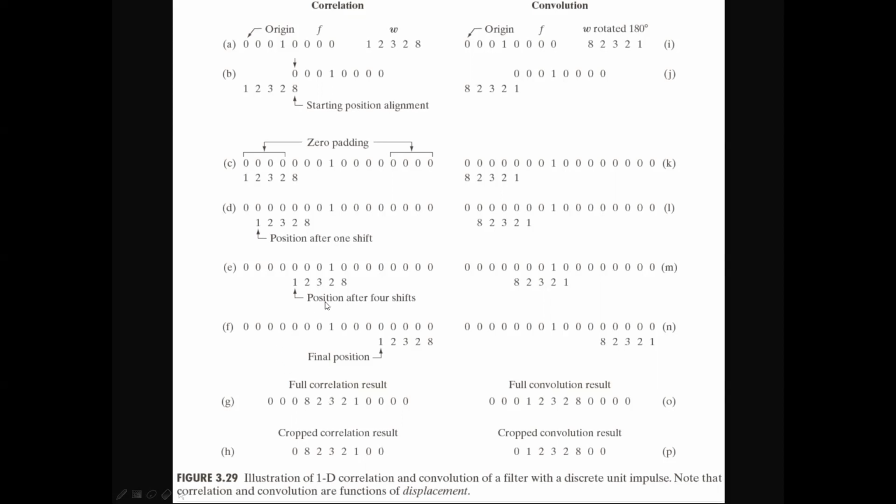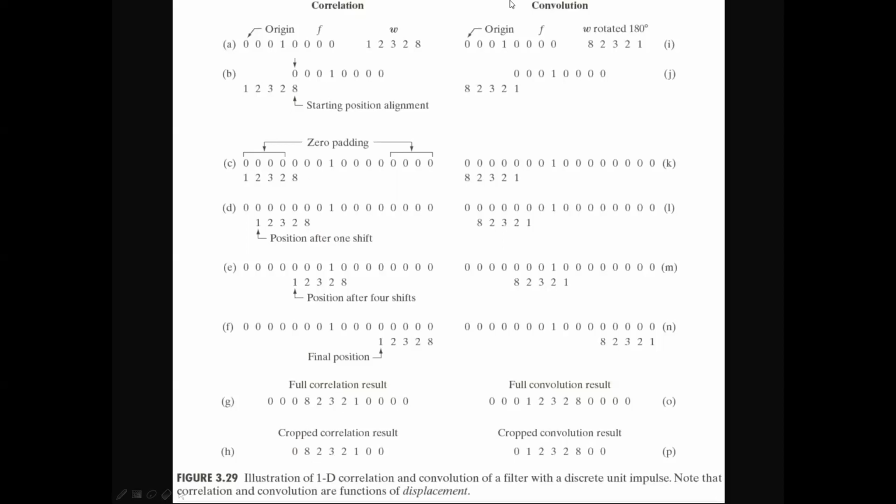After moving to the second position, again 0. What we are doing is just multiplication. In this step, you can see the first 8 is moving to the 0 and 8 is moving to the 1, so we get 8 as the first value. After that, the 2 will cross this one, so we get 2. So we get 8, 2, 3, 2, 1, 0, 0.